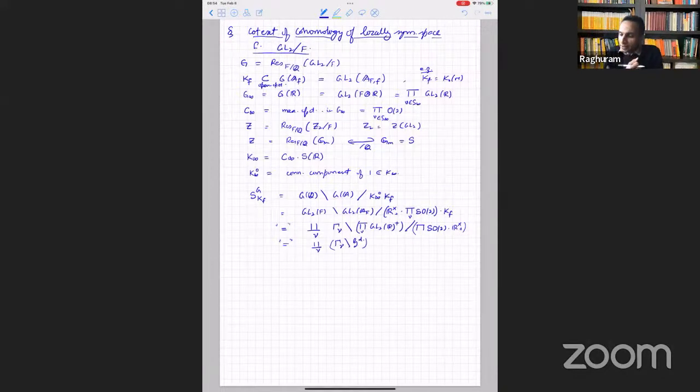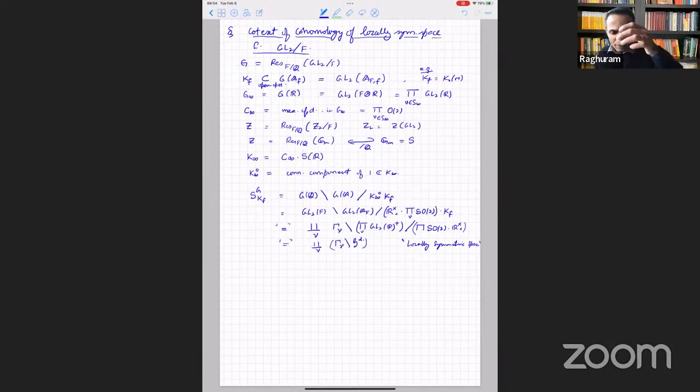In any case, keep in mind that I need to cut out something in the center to make the space have finite volume. That's the role the center is playing. This is what I will loosely call a locally symmetric space, if Ravi Kulkarni is going to allow me such differential geometric blasphemy, because differential geometers are very careful with what would constitute a locally symmetric space. But this is loosely speaking.